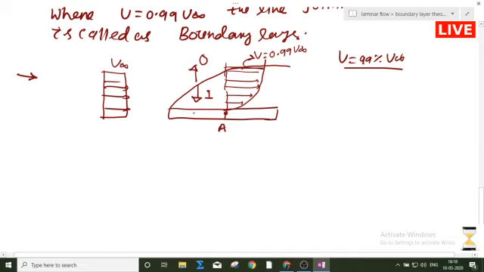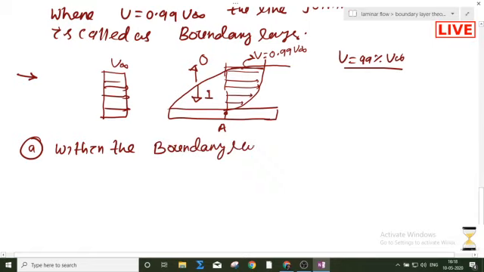So within this boundary layer region, what will happen? A relative velocity exists. See the velocity gradient: the velocity is changing with respect to the y direction. Suppose this is my y direction.